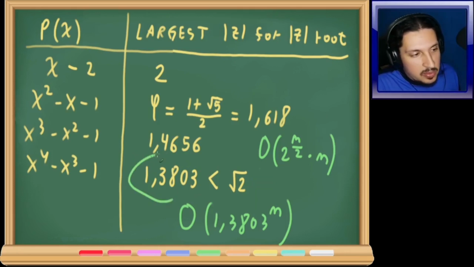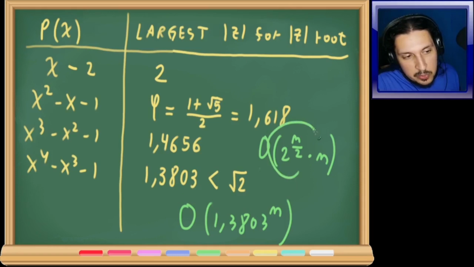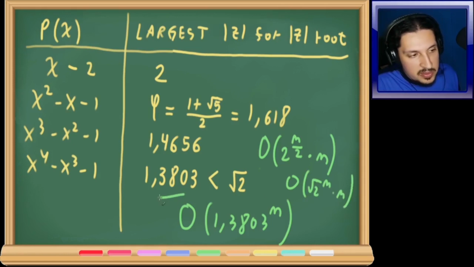We have reduced the runtime complexity even further, because if you rewrite this, it is the same as saying square root of 2 to the power of n. So the fact that this has a lower base means that it is better asymptotically than this algorithm, and I think it is conceptually much simpler. You do not need to know meet in the middle, nor complex, or at least nice, tricks of dynamic programming.